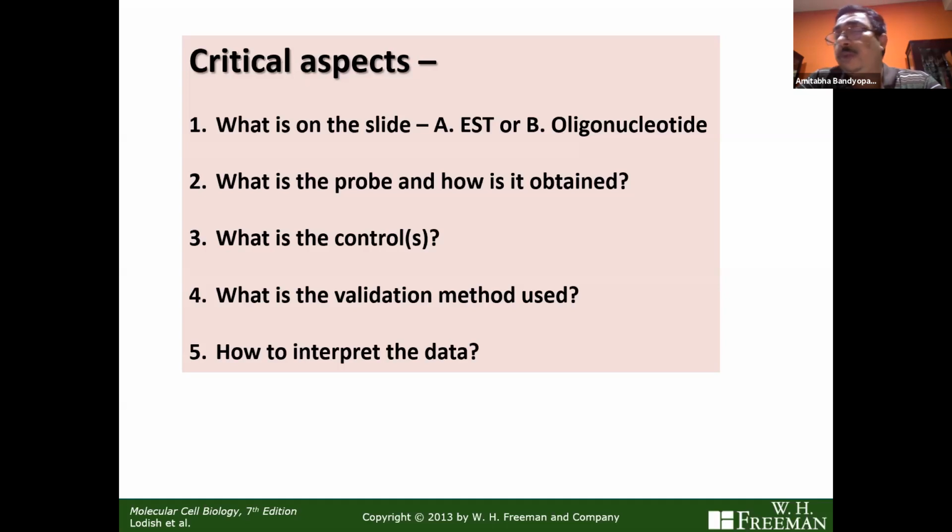So if it is 23,000, you try to go anywhere between 70 to 100,000 cDNAs.